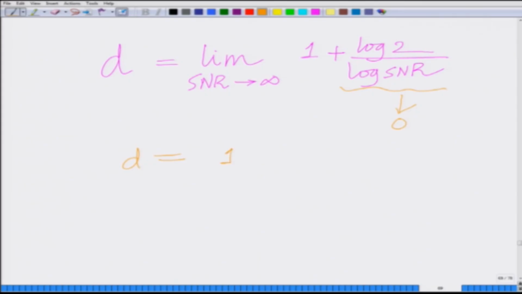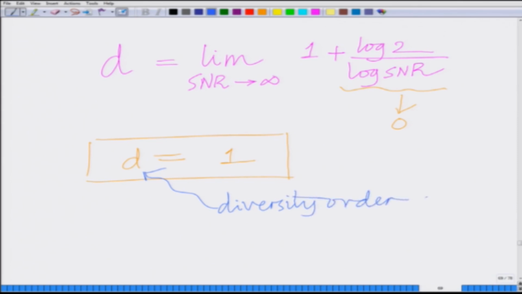Therefore, the diversity order is equal to 1. So, the diversity order of a system with a single receive antenna, for L equals 1, is D equals 1.